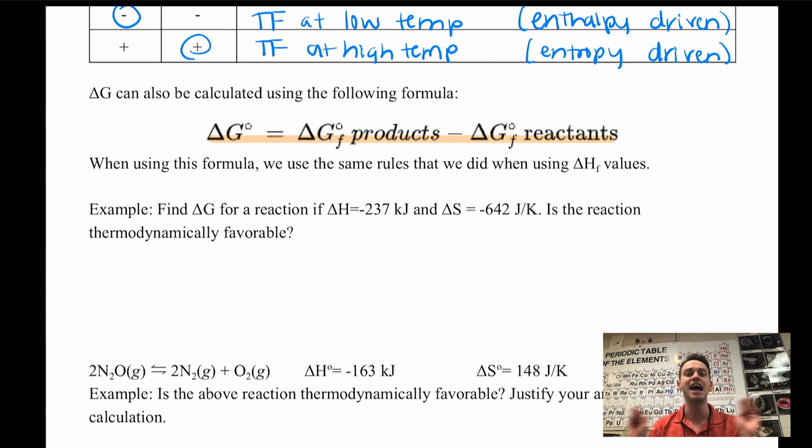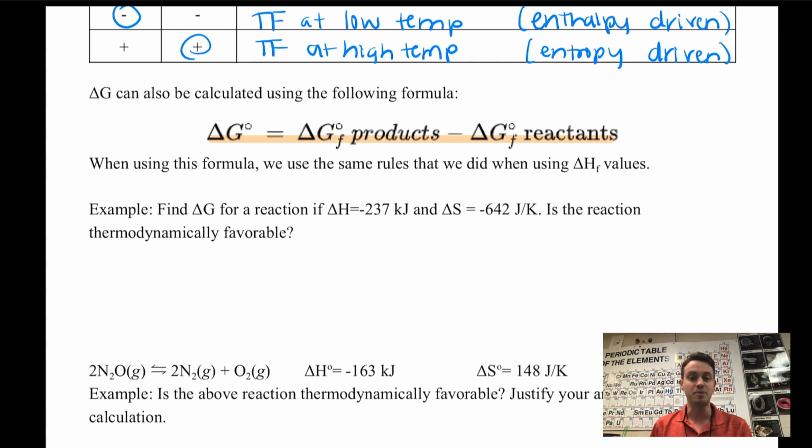So same rules as when we did delta H of formation problems. Let's look at a couple of examples here, and we'll look at several more in class. It says to find the delta G for a reaction if delta H is negative 237 kilojoules and delta S is negative 642 joules per Kelvin.